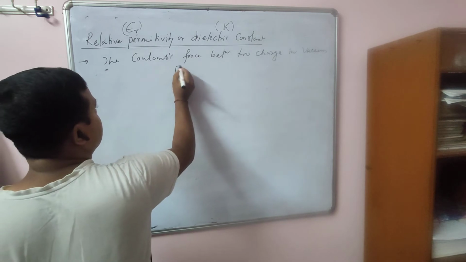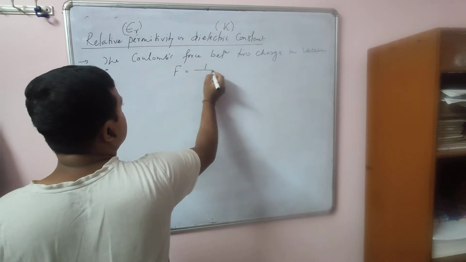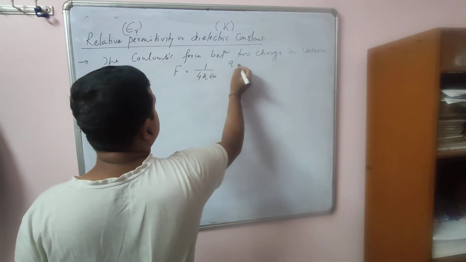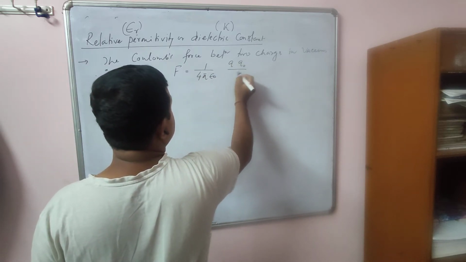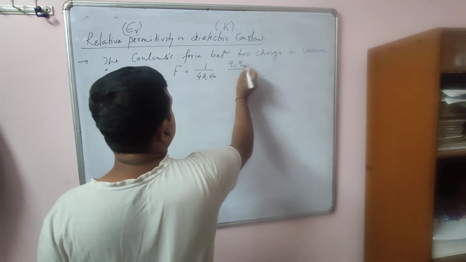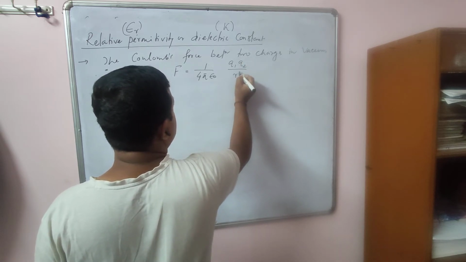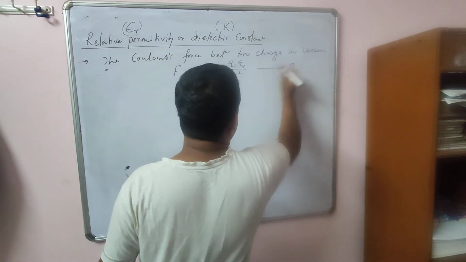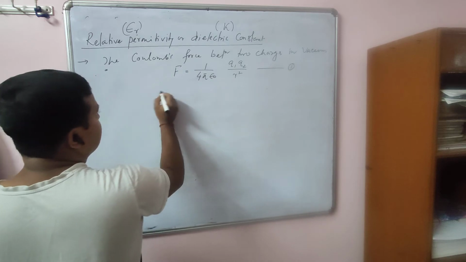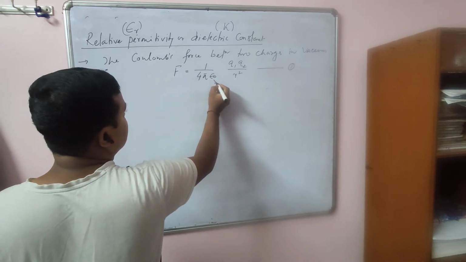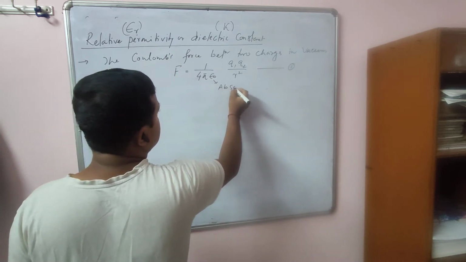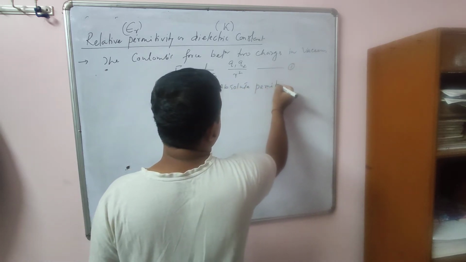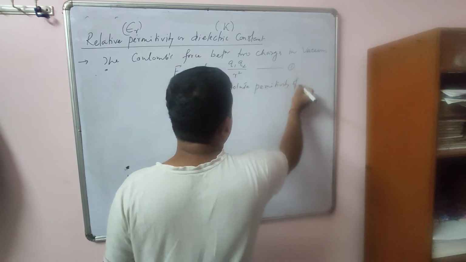I have already given you that: F is equal to 1 by 4 pi epsilon naught Q1 Q2 by R square. So this is the force between two charges in vacuum. This is equation number 1. Here this is epsilon 0, the absolute permittivity of vacuum.